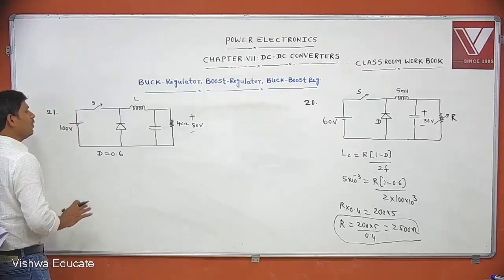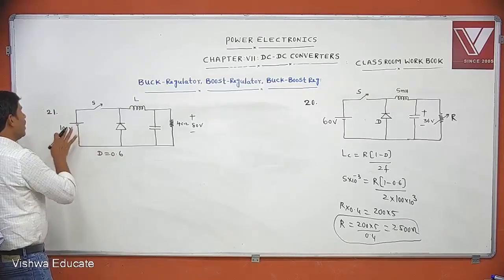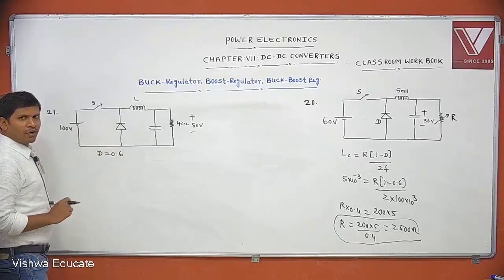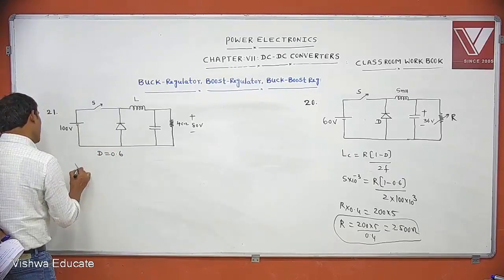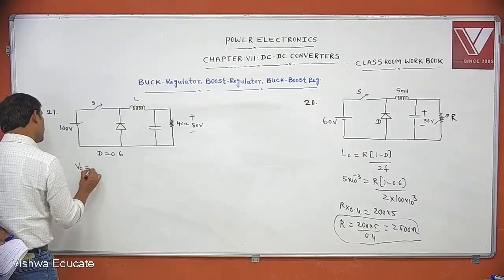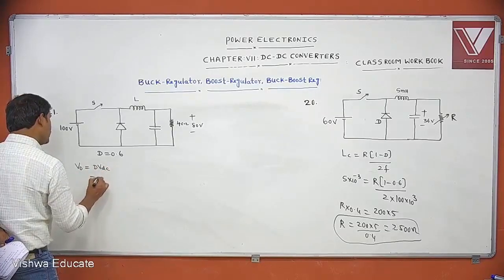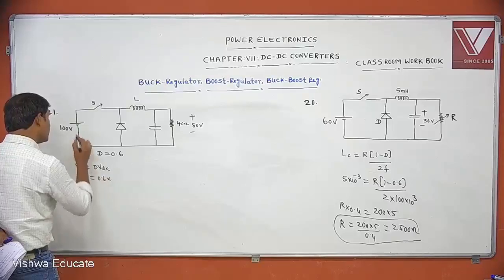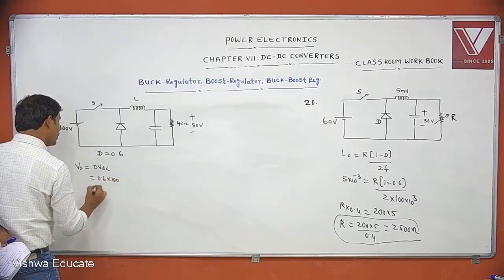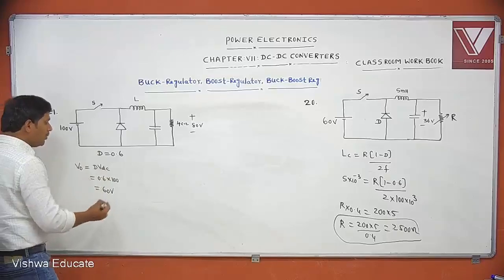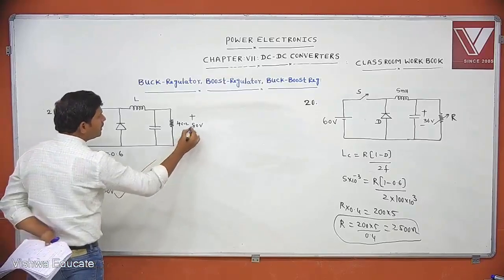Generally, with duty cycle and supply voltage, which regulator is it? Buck regulator. For the buck regulator, output voltage V0 equals D times VDC. With duty cycle 0.6 and VDC of 100 volts, how much do we get? 60 volts. But in the problem, the voltage given is 80 volts.